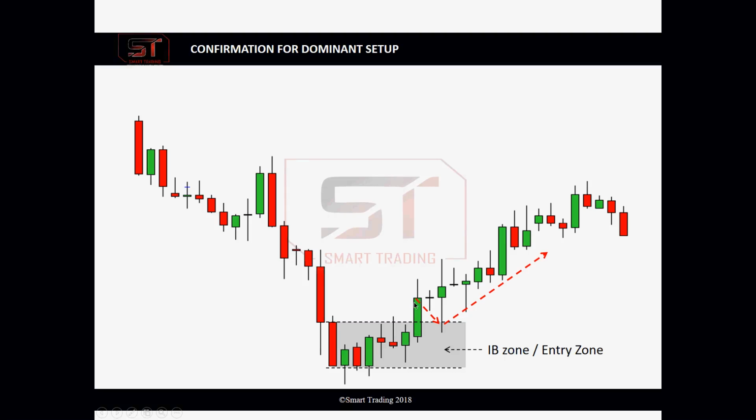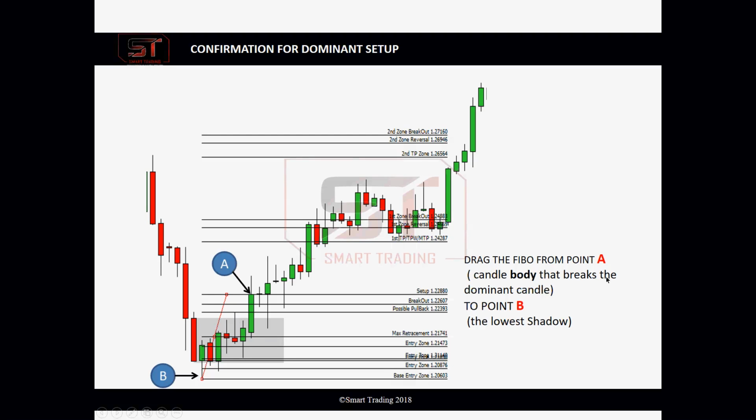As you can see, there's a breakout, the confirmation that the market is going up, and after that there is a shadow that actually goes back in. So this is the point of entry buy. How we pull the Fibonacci is very straightforward. We pull it from the candle body that managed to break through the dominant, which is point A over here.